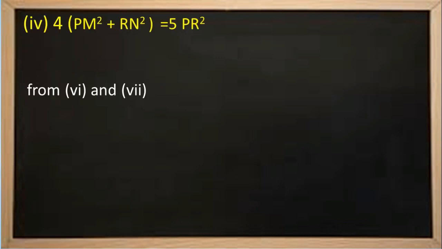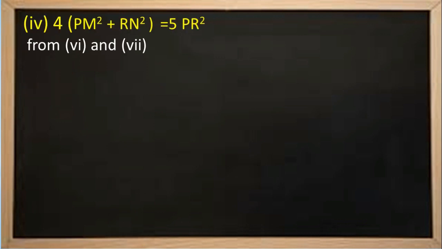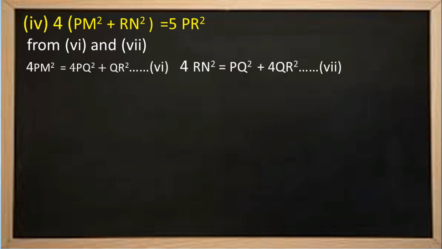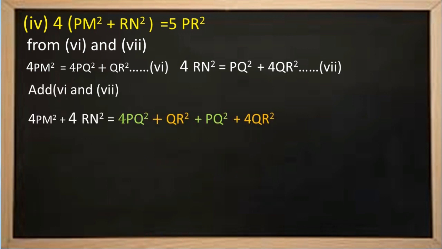To find the last solution, sub question 4, let us consider the 6th result as well as the 7th result, that is the results of sub question 2 and sub question 3. Add these two results. 4PM square plus 4RN square is equal to 4PQ square plus QR square plus PQ square plus 4QR square. It is differentiated with different colors only to help you understand, children.